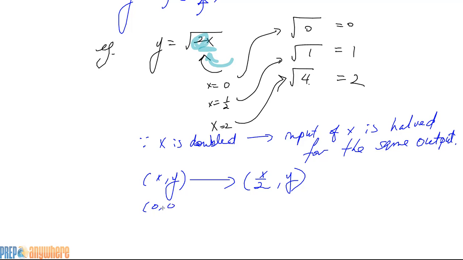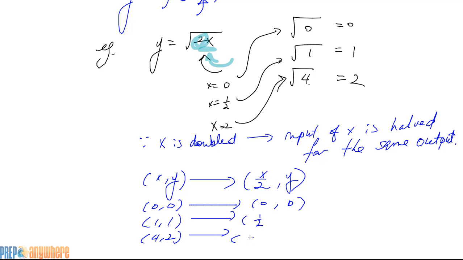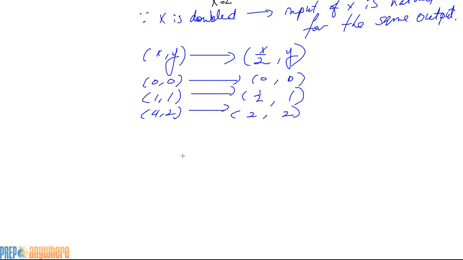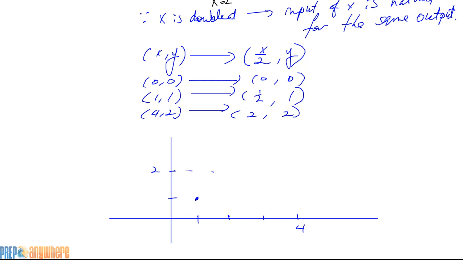So the important points are (0, 0), (1, 1), right? And it's (4, 2). So the inputs become (0, 0) still. This one is going to become half. This 4 is going to become 2 to get the same outputs of 1 and 2. Okay, look. Let me draw the original one first. (1, 1), 1, 2, 3, 4, 2.